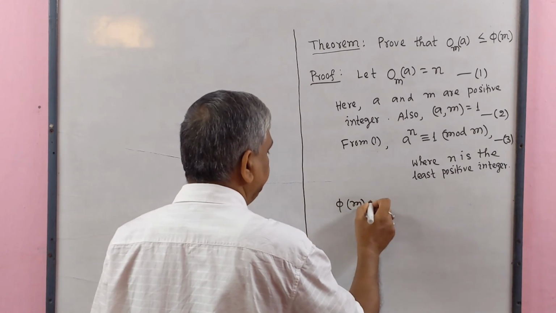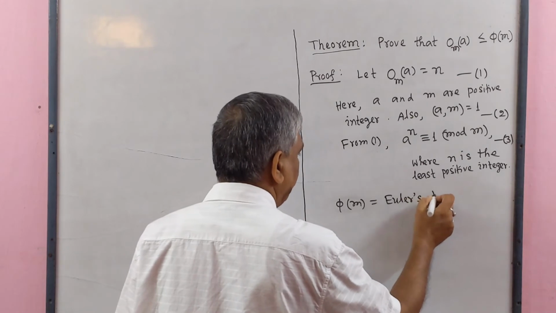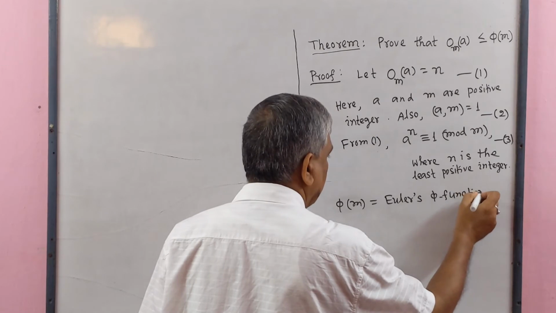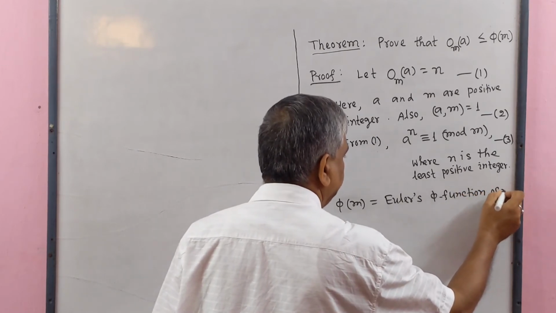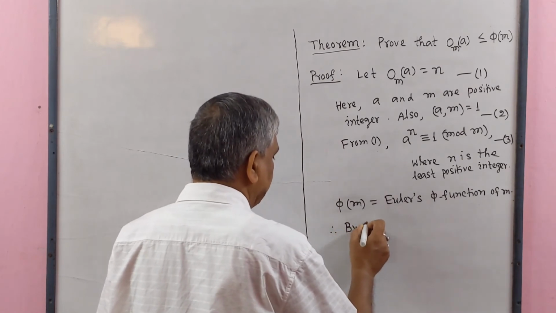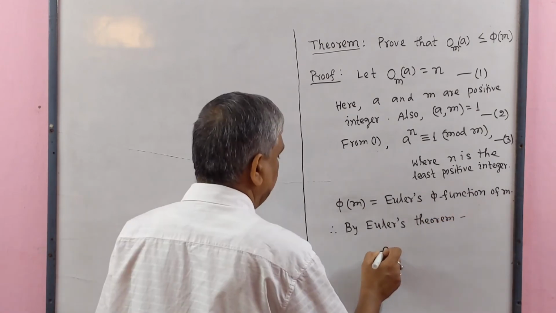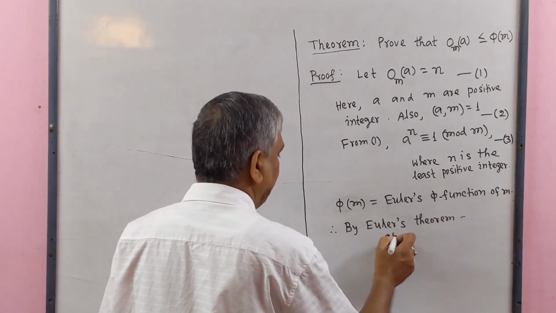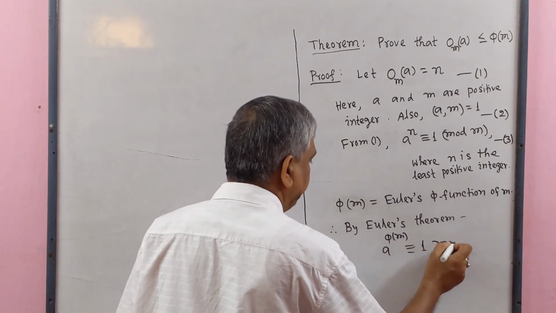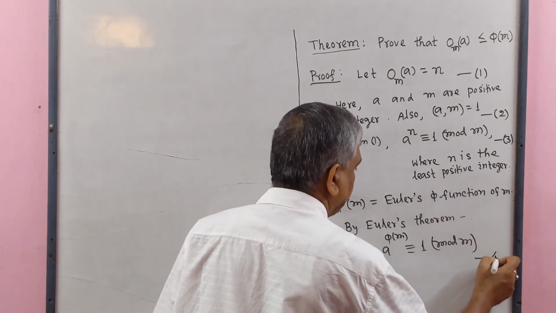Phi m is the Euler's phi function of m. Therefore, by Euler's theorem, a to the power phi m is congruent to 1 modulo m. This is number 4.